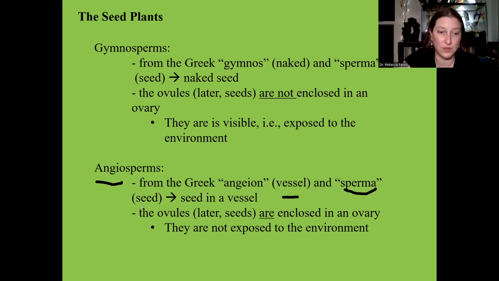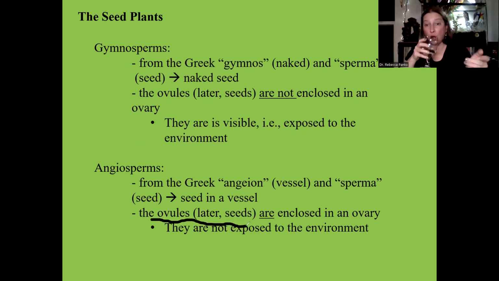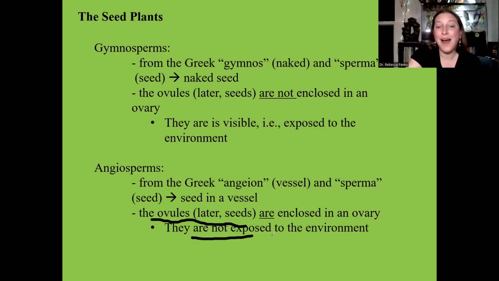Sperma still refers to seed. And so an angiosperm plant has ovules and later seeds that are enclosed in an ovary, meaning the ovules and later seeds are not exposed to the environment. Which is a better system, obviously, because there's 366,000 angiosperms, whereas there's only 11,000 some odd gymnosperms.